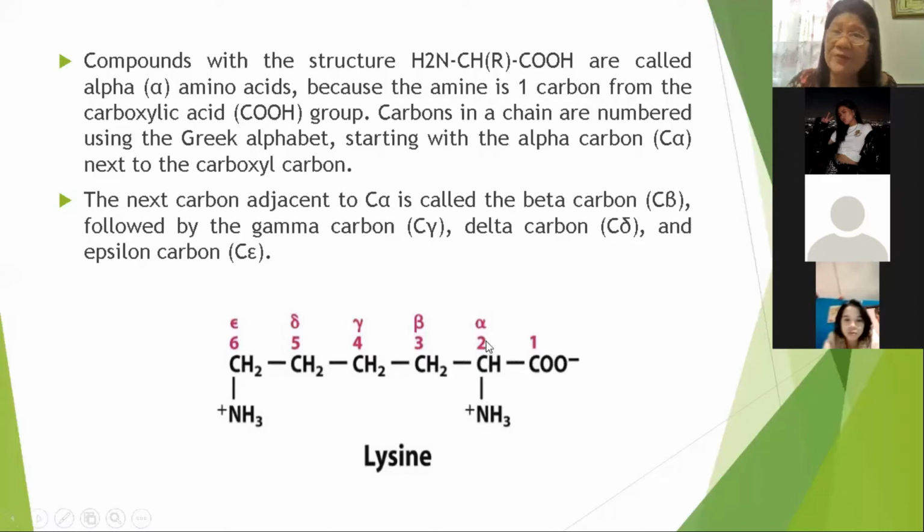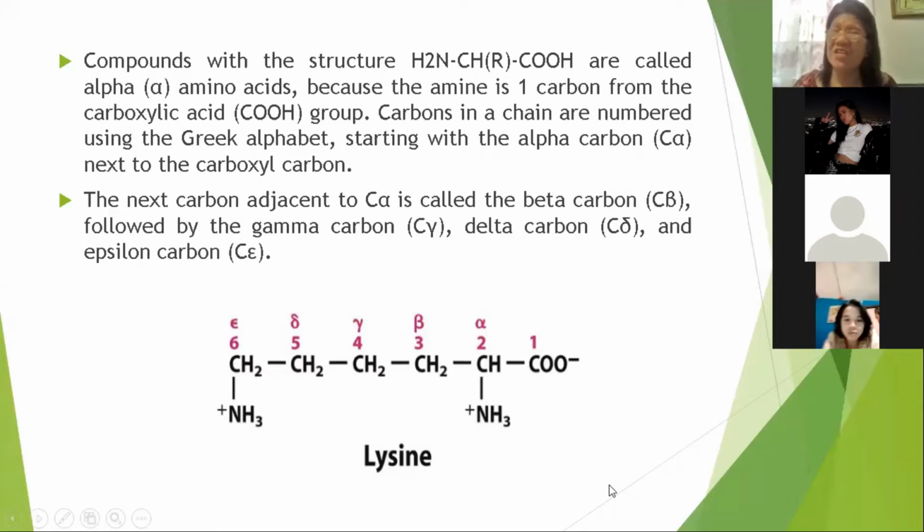So, this is your central carbon. Okay, so that's alpha. What follows the central carbon is the carboxylic group. Then there is an H there. Then, this is now your side chain. This is lysine.